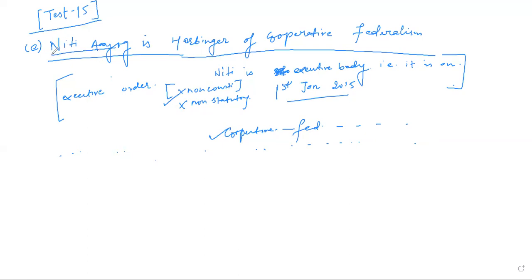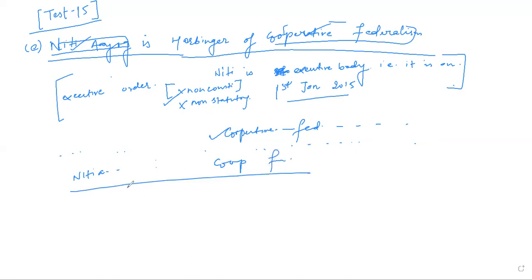Now, how is it a harbinger? Here you will write as a heading, Niti Aayog as harbinger of cooperative federalism, and explain how it is one.